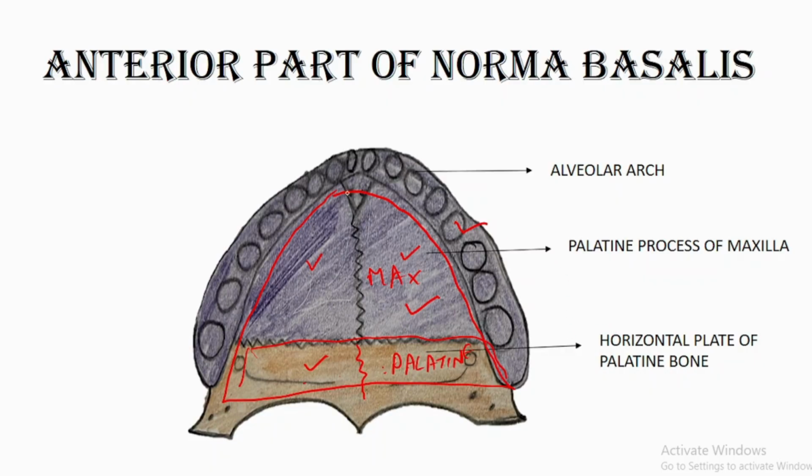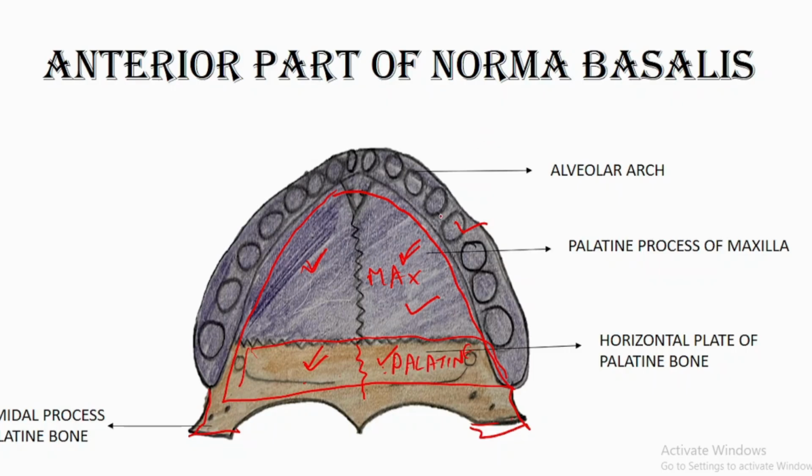So we can say that hard palate is formed by two bones. First is the palatine process of maxillary bone, both sides, and second is the horizontal plates of palatine bone on both sides. So this is how the hard palate is formed. Now this portion of the palatine bone which is present posteriorly, this pyramidal shaped structure, is called the pyramidal process of palatine bone.